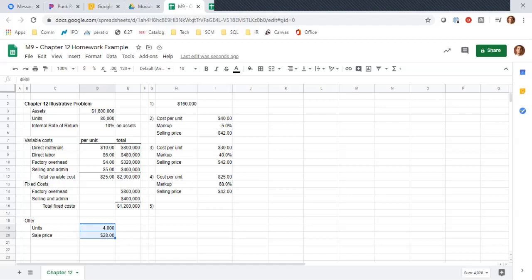We'll market the units in Korea under its own brand name, and no additional selling and admin expenses associated with the sale will be incurred. It's not expected to affect domestic sales, and the additional units could be produced during the current year using existing capacity. Okay, so those last two sentences are really important.